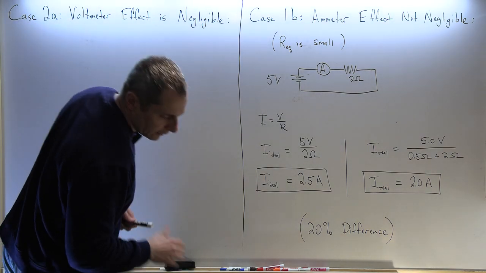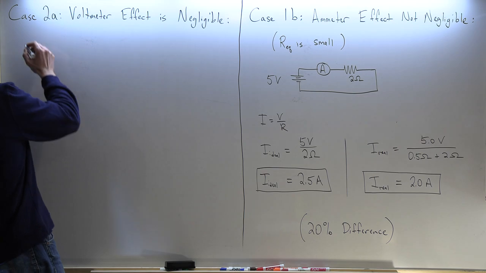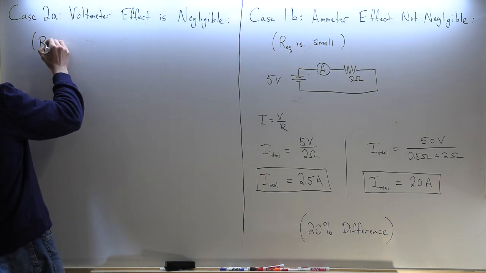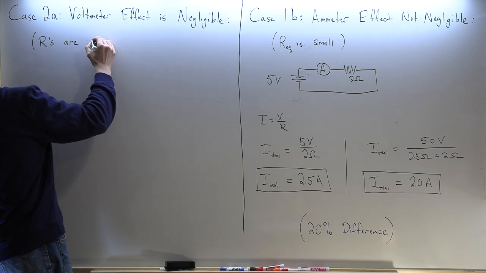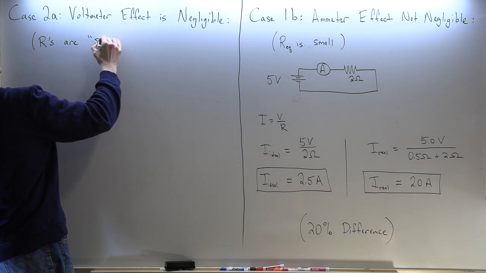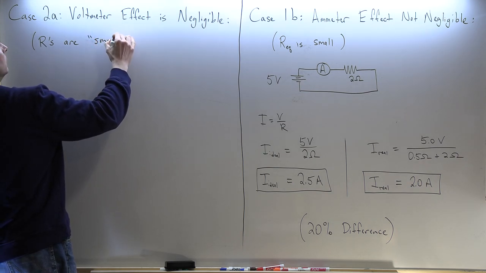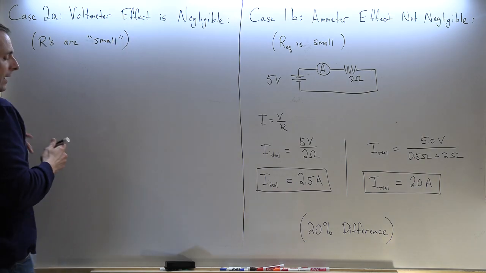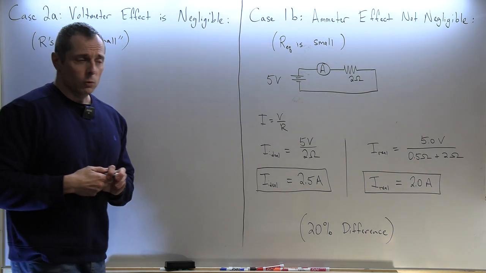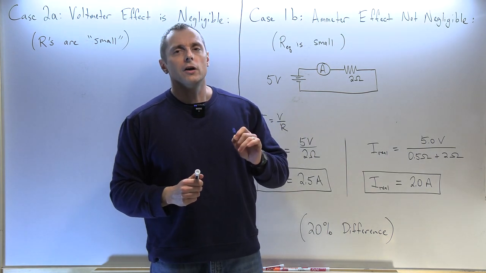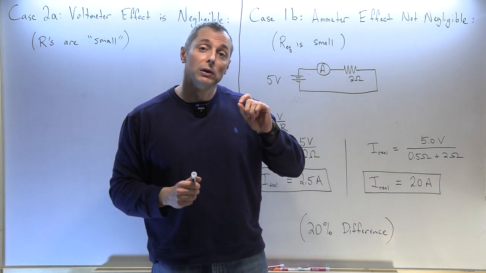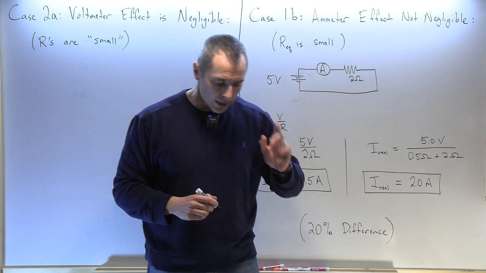Well, when the R's are relatively small. The reason why small is in quotes is because it can still be thousands of ohms, as long as it's much less than the millions of ohms of the voltmeter. And I'll show you how.